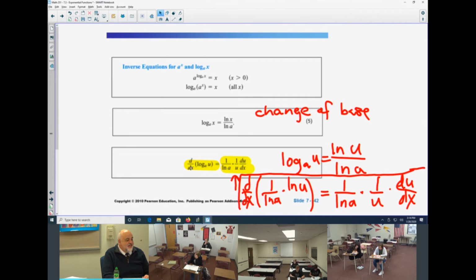Okay, and then this is the derivative. Remember, the derivative of the natural log of x is 1 over x. So this is the general form of the derivative of log base a of u, or log base a of x. So it's 1 over the natural log of a times 1 over u times du dx.